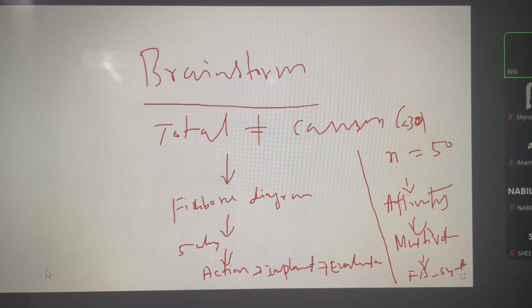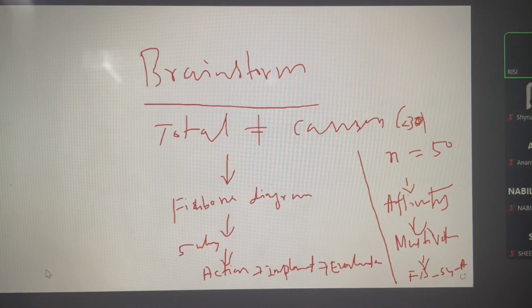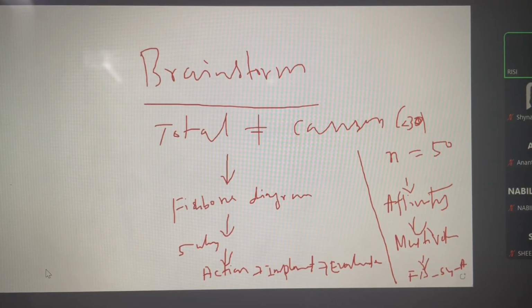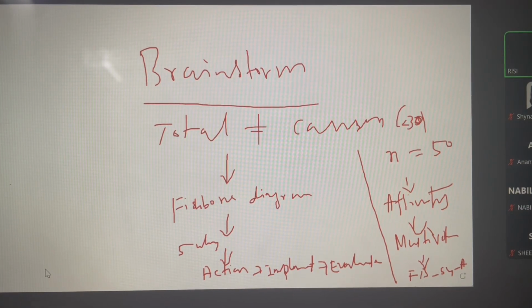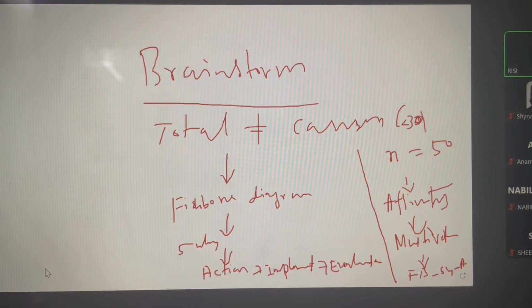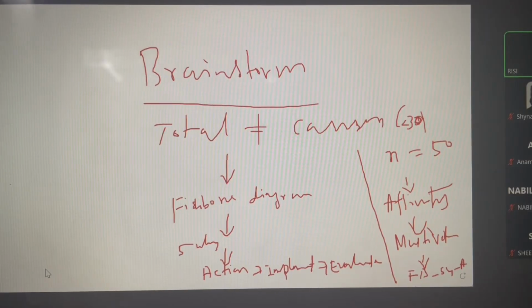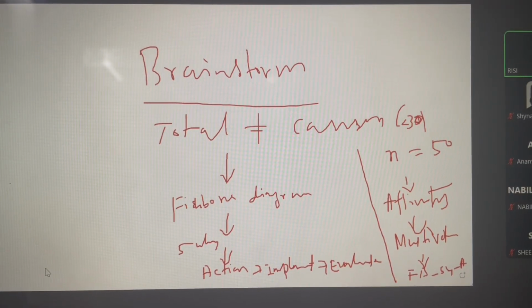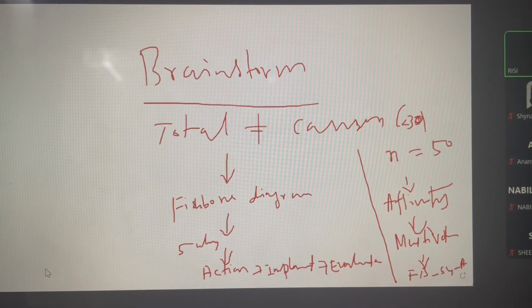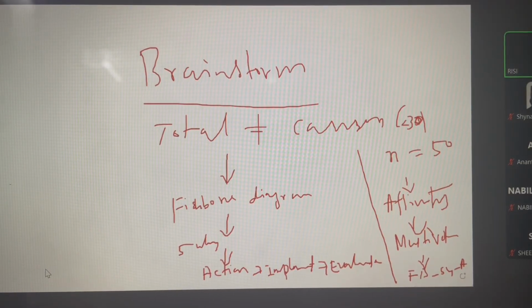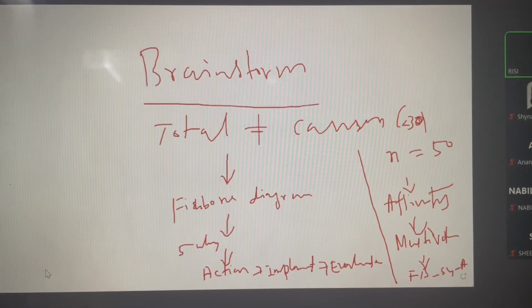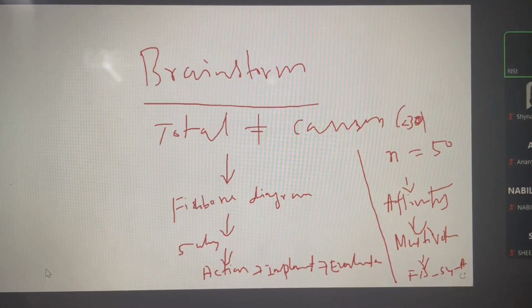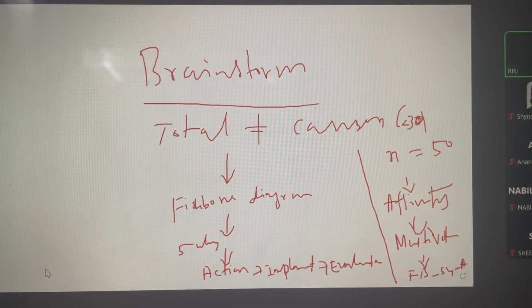So this is what we need to do under U, understand the cause. So how to identify the root cause? Start brainstorming, discuss with your team members, list out the causes, and then count the total number of causes. If it is very small, like less than 30, just use fishbone and 5Y, action, implementation, evaluation.